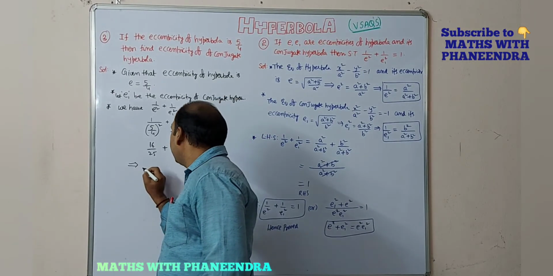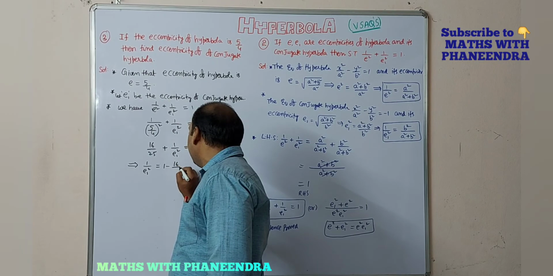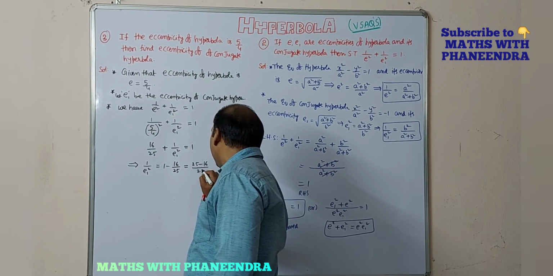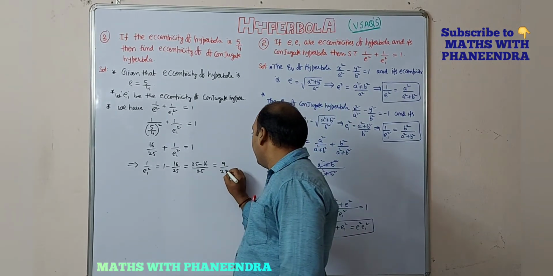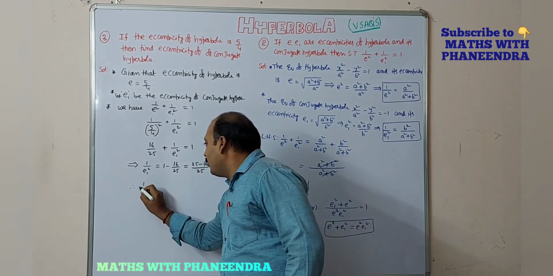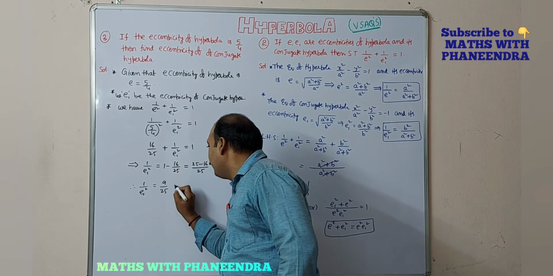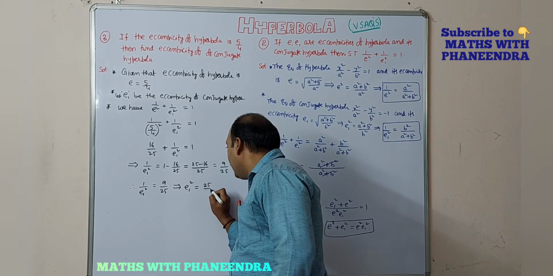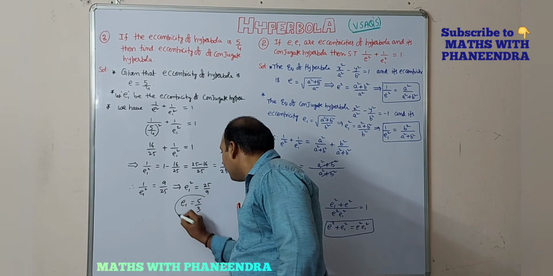That implies 1 by E1 square is equal to 1 minus 16 by 25, which is 25 minus 16 by 25, taking the LCM, which is equal to 9 by 25. So 1 by E1 square is equal to 9 by 25. That implies E1 square is equal to 25 by 9. So E1 is equal to 5 by 3.